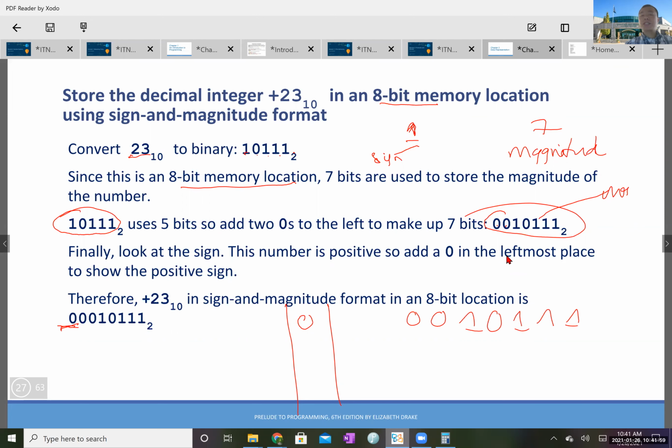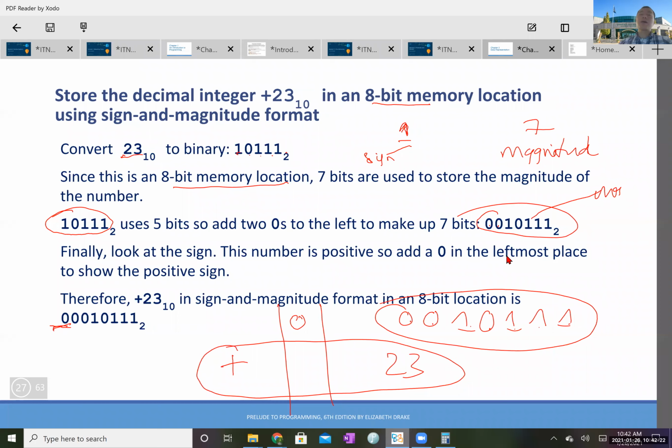Now when you look at the sign bit, 0 means positive. And when we convert the magnitude, you have 23. So 0 0 0 1 0 1 1 1 is a positive 23.